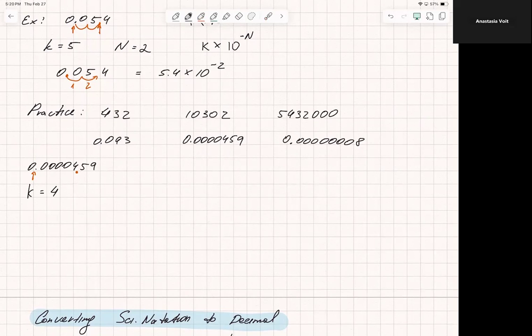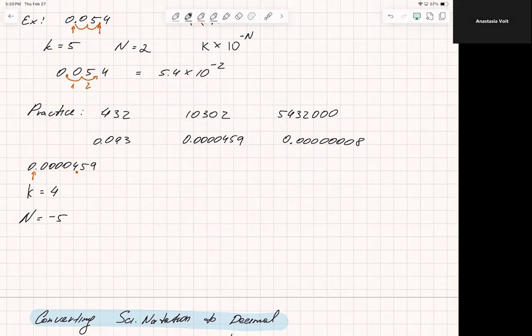We want to count how many times we move our decimal point until we reach this location after 4. So we have 1, 2, 3, 4, 5. So we need to move our decimal point 5 units. Now again, the original number is less than 1, so our N would be a negative value. It's going to be negative 5.